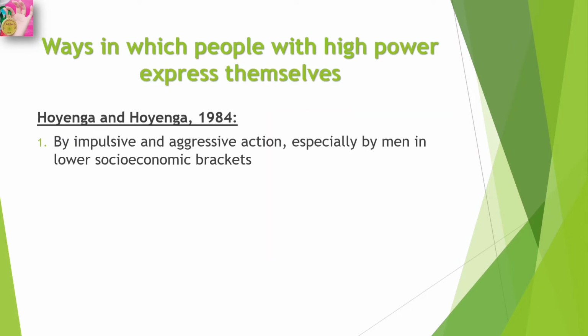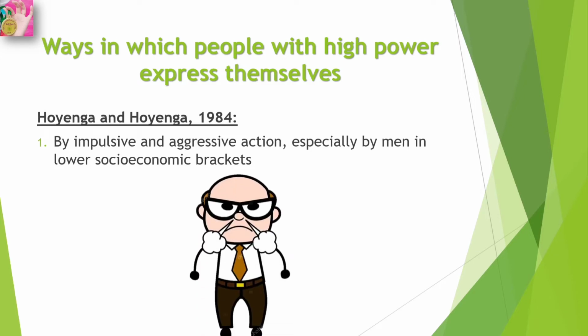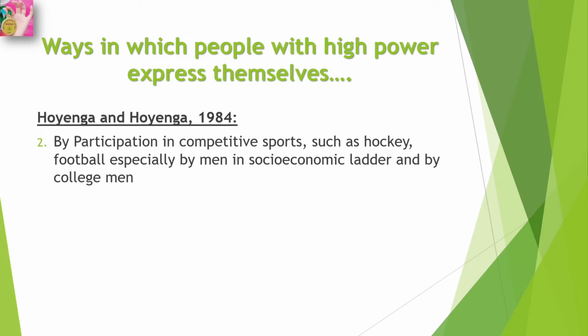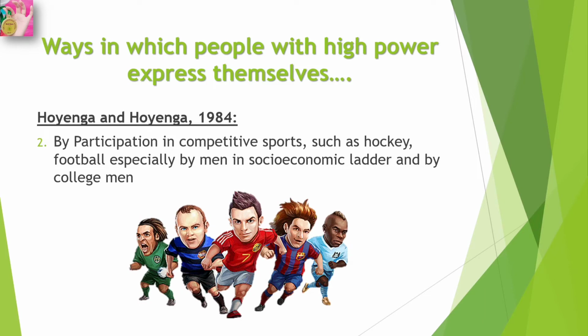Here are some of the ways in which people with high power express themselves. These were the points given by Hoyinga and Hoyinga in 1984. The first one is impulsive and aggressive action, especially by men in lower socioeconomic brackets. Then, participating in competitive sports such as hockey and football, especially by men on the socioeconomic ladder and by college men.